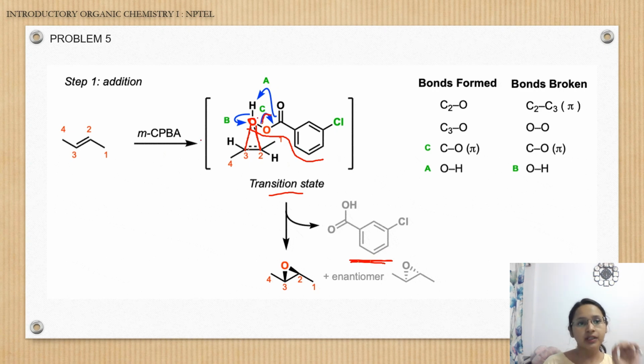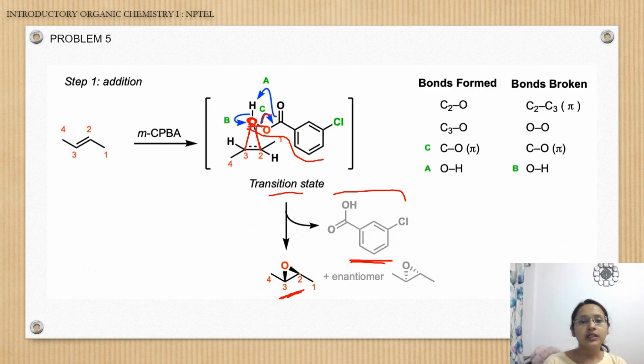So here nothing else is happening. This alkene is just taking one of the oxygens from the peroxide linkage. So this is how you will end up having this epoxide in hand. One of the oxygens from the peroxide linkage is donated to this alkene, and you will end up having an epoxide, and the byproduct was metachlorobenzoic acid. So instead of MCPBA, you will have this particular benzoic acid in the system as a byproduct, and one of the oxygens of the peroxide linkage is donated to this alkene to give you this epoxide.